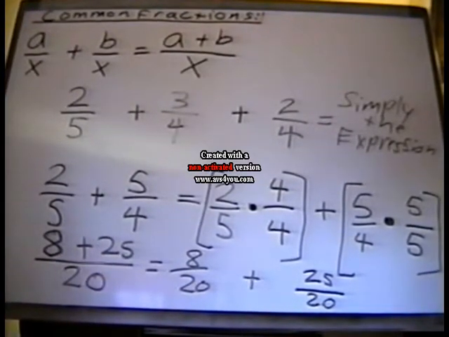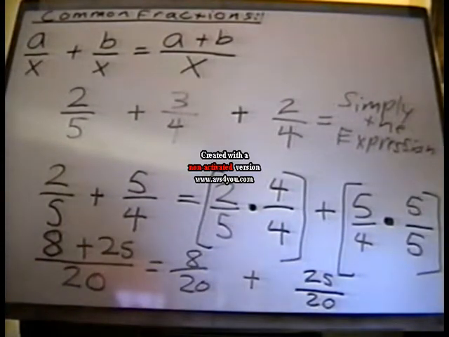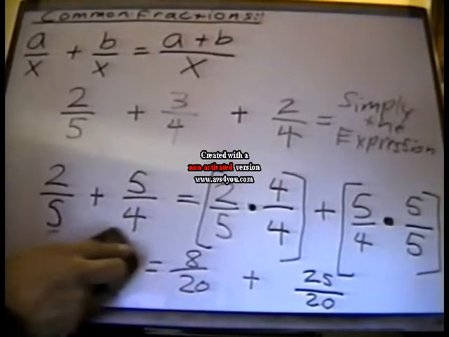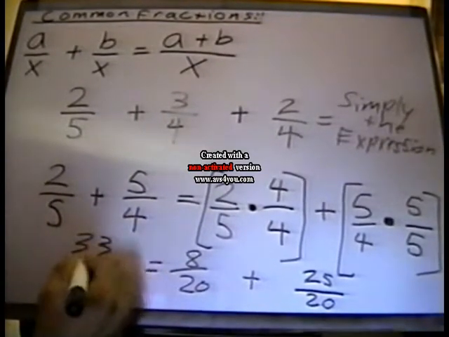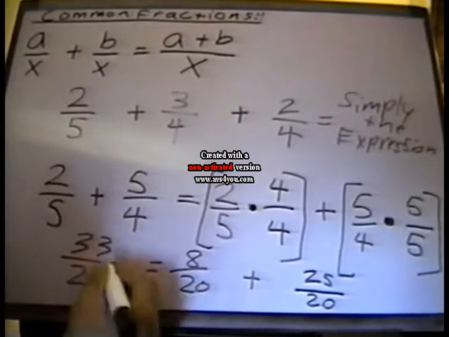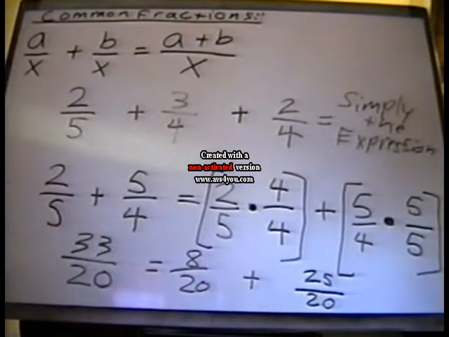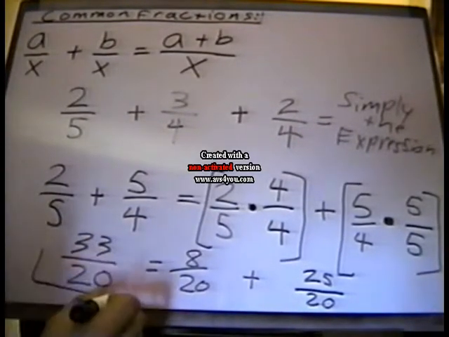Now 25 plus 8 gives us 33. So our answer is 33/20. We get 33/20. And that's our answer, and it's correct.